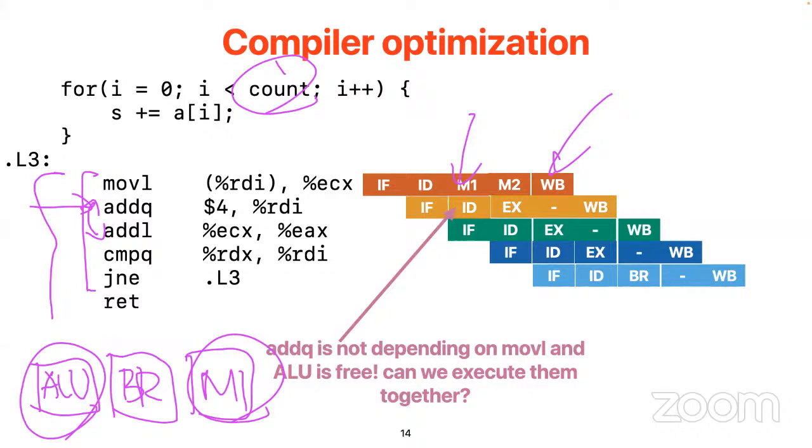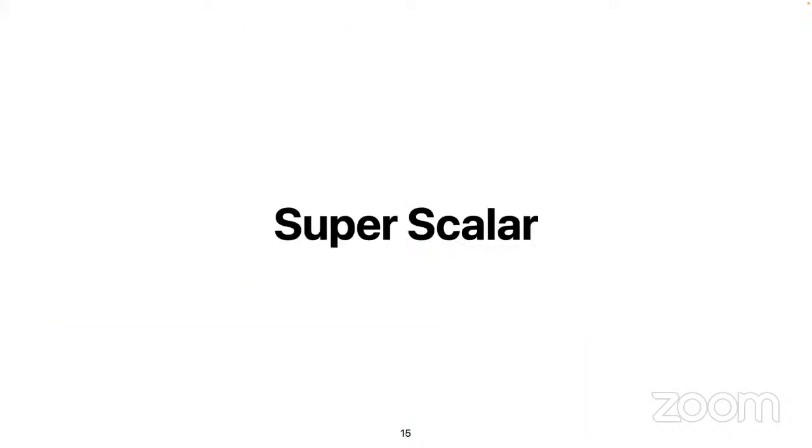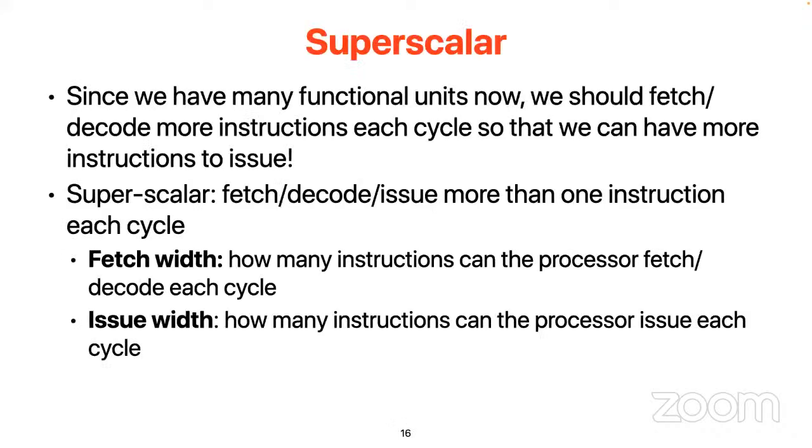So this is what we are going to do today: we have an idea called superscalar. Let's see what a superscalar DMV looks like. The idea of superscalar is this: since we have many functional units now, the issue is that we have only one unit available. If we can only fetch one instruction per cycle, first of all, there's only one instruction entering the pipeline at any time, right?